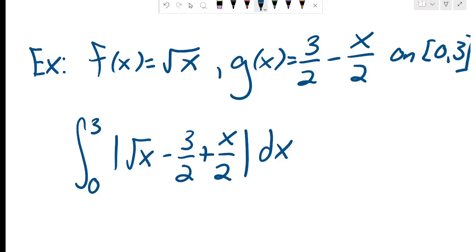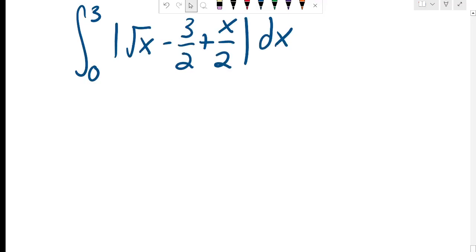Then mathematically, this looks a little bit more complicated, right? Because when we integrate an absolute value function, we need to know the transition point. We need to break this up using a piecewise function so that we can see exactly where that corner is going to be. Okay. So it's no different here.